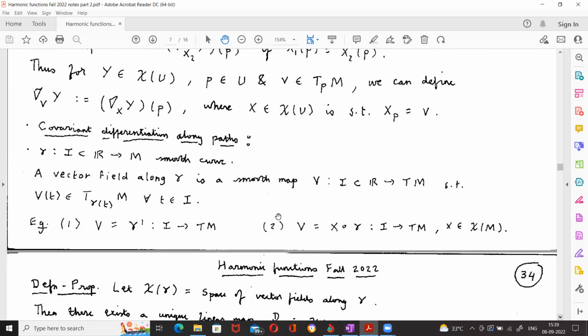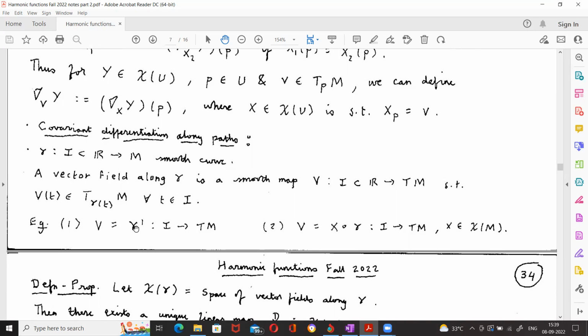Suppose gamma is a smooth curve in my manifold defined on an interval I in R. As before, a vector field along gamma is a smooth map V from I into TM such that V(t) belongs to T_gamma(t) M for all t in I. For example, you can take V to be gamma prime, right?